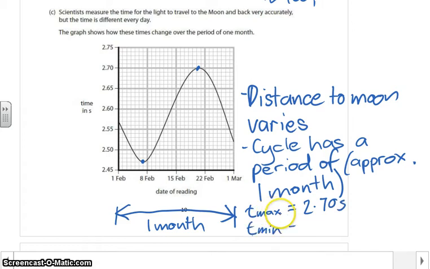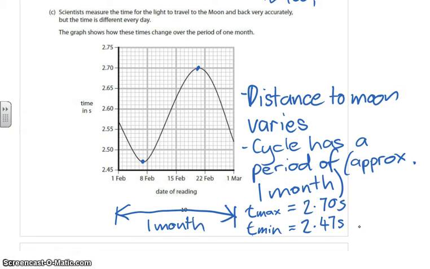And then of course when we've got that data, 2.447, if we wanted to, we could calculate the difference in the size of the orbit, so how much the orbit of the moon varies by.